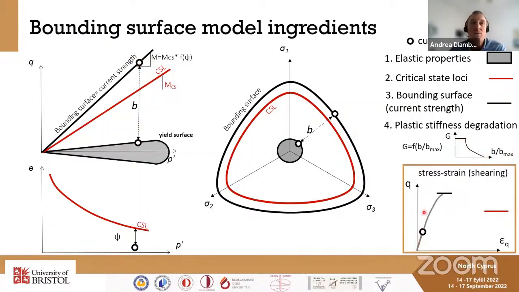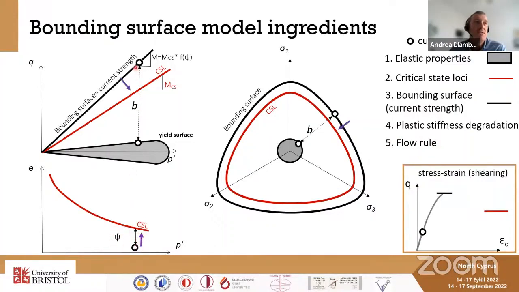But then we need to go to the final point, and this is the fifth ingredient in any model, that is the flow rule, that tells us as you shear, your point must go to critical state, our psi becomes zero, and then our strength goes to critical state in both planes, such that we reach the final condition.